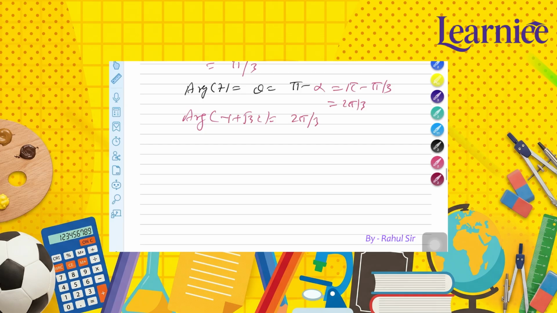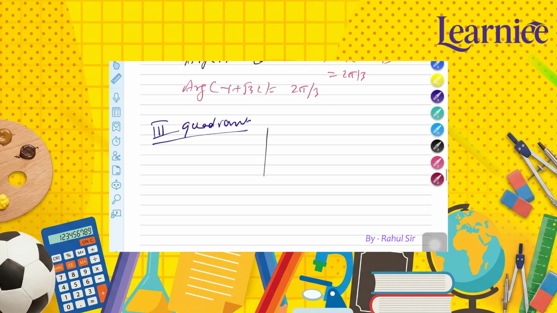Now let's talk about what happens in the third quadrant. Third quadrant means it lies somewhere here.